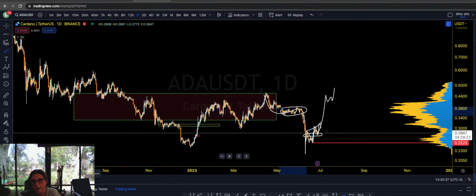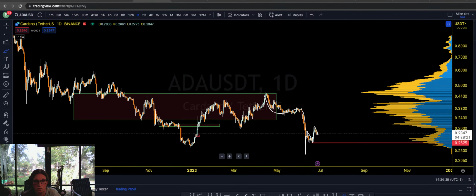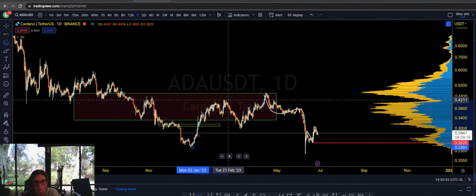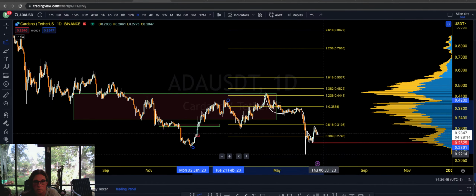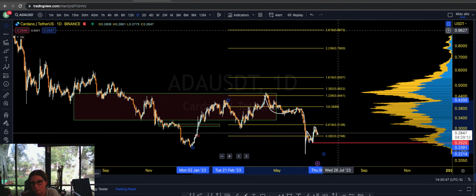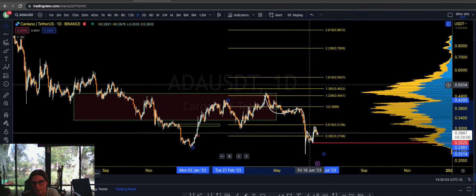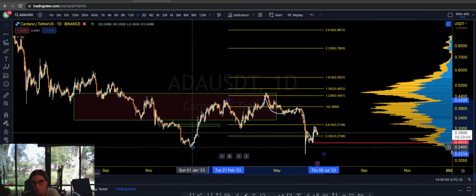So these flats, they have the potential to go all the way up here if they want. That's how high they can go, to the 2.618, especially the ones that broke the bottom.